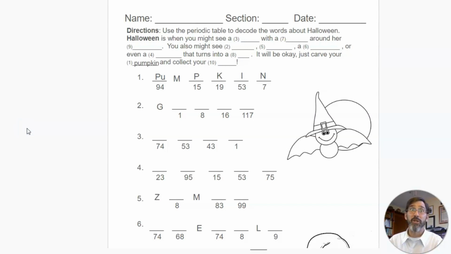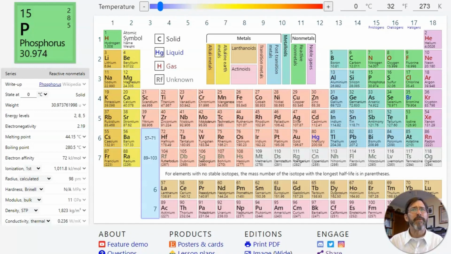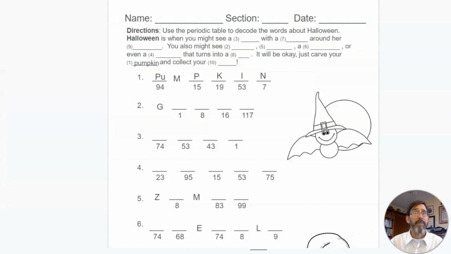Looks like it starts with a G, and the next letter, or letters, comes from number 1. And you'll find number 1 right at the top left-hand corner of the periodic table. It is hydrogen, capital letter H. Above the number 1, go ahead and enter letter H. Next, number 8.